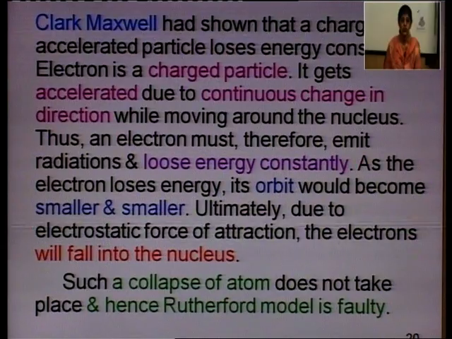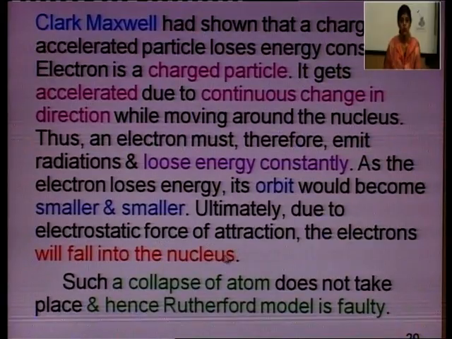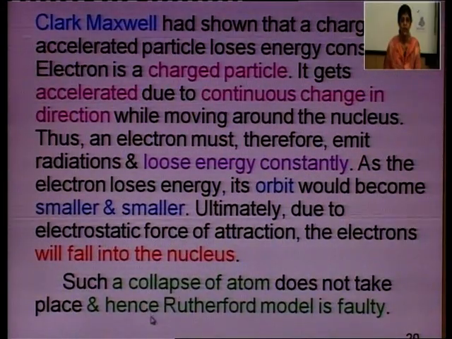As the electron loses energy, its orbit would become smaller and smaller, and ultimately due to the electrostatic force of attraction, the electron should fall into the nucleus. Such a collapse of atom does not take place, and hence Rutherford's model is faulty.